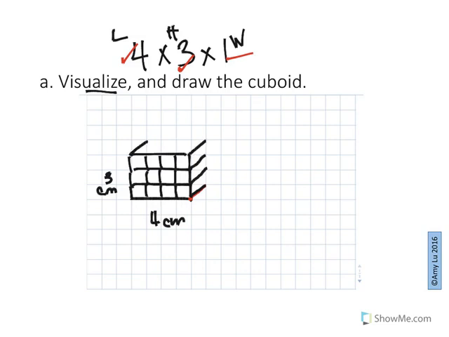And then just simply fill it in. And there you go. You have your dimensions met. It's 4 long, 3 tall, and 1, like this, centimeter wide. So height, length, and width.